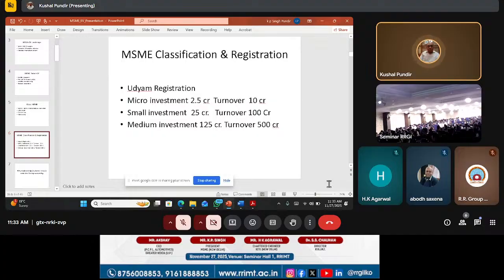Just like any individual has an Aadhaar card, the same is the case with the Udyam registration, and it gives all the information pertaining to that industry: who is the proprietor, or what kind of activities will be done in this particular company.